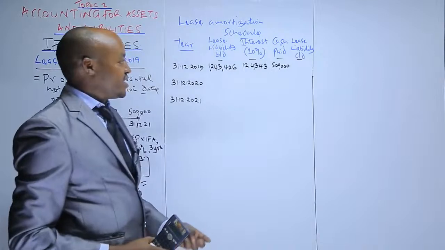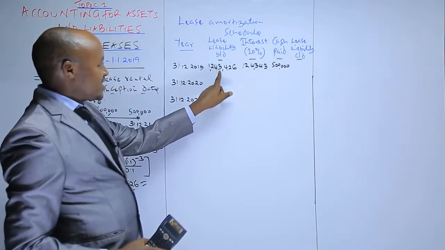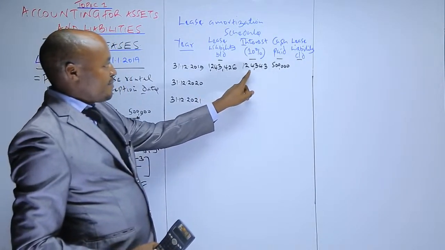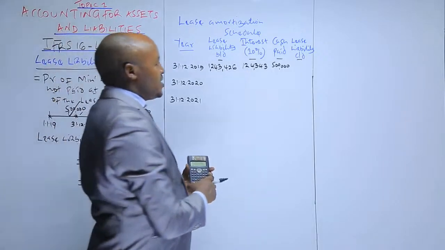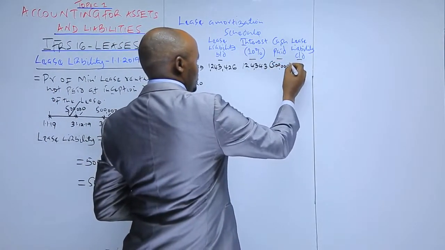To get the lease liability at the end of year one, we take the lease liability at the start of the year, plus the interest, and then we less the cash which was paid.